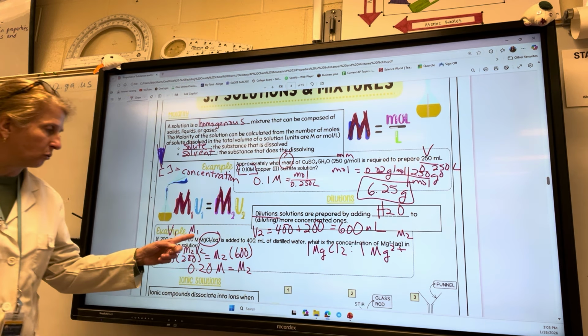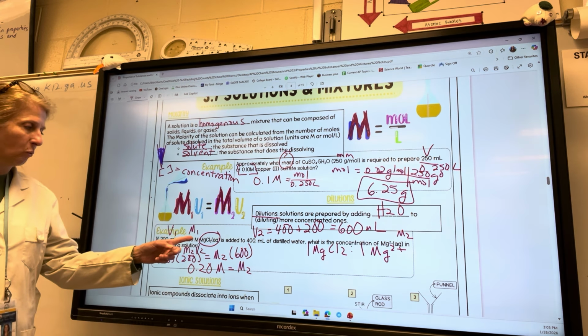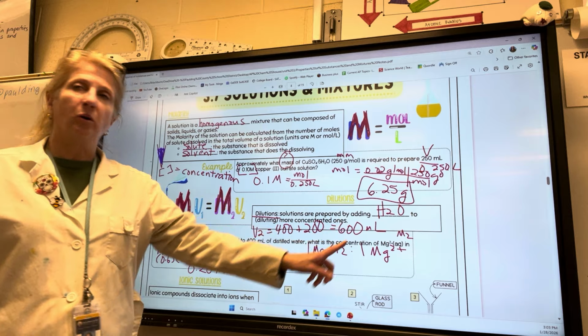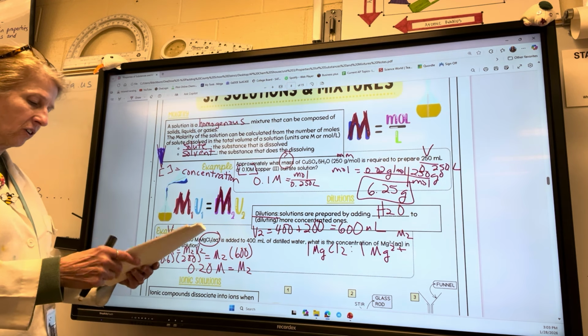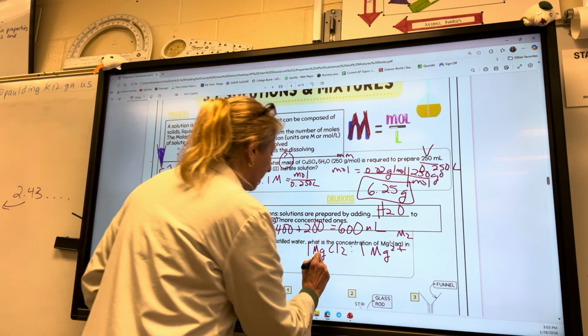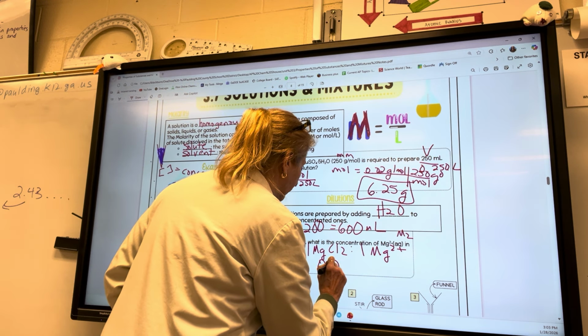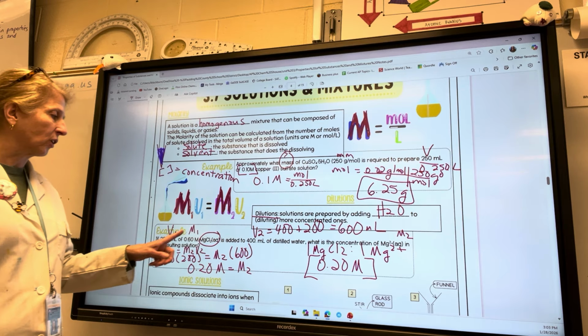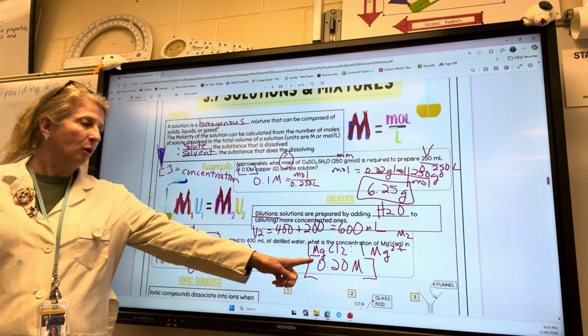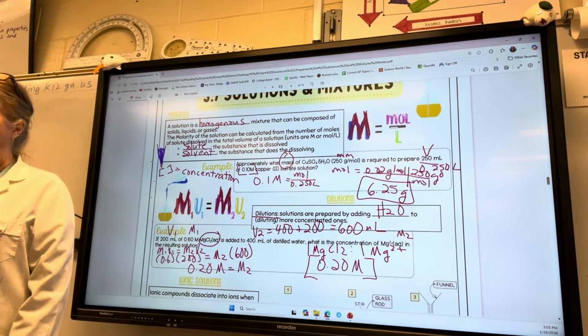Do you see how there's one magnesium per magnesium chloride? So this is a 1-to-1 ratio. So the answer is the same. It's 0.20 molar. We could put little concentration brackets around. However, if they had asked for the chloride, it would not be 0.20. What would it be?